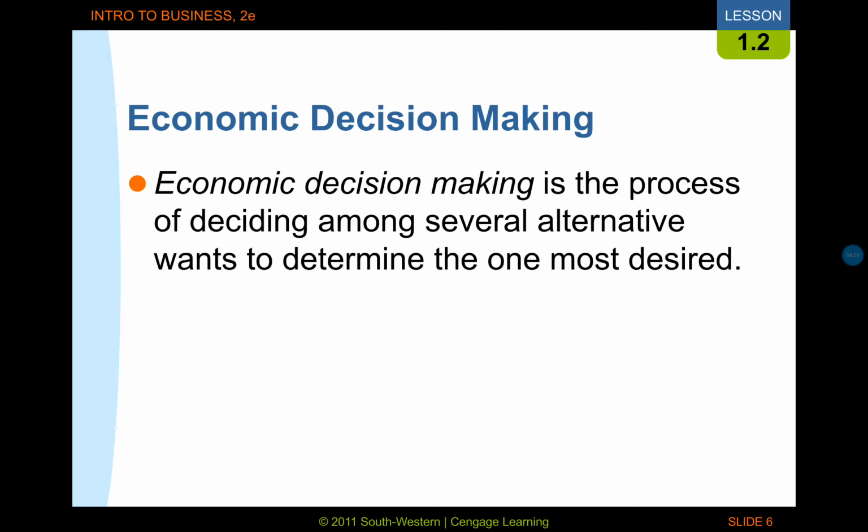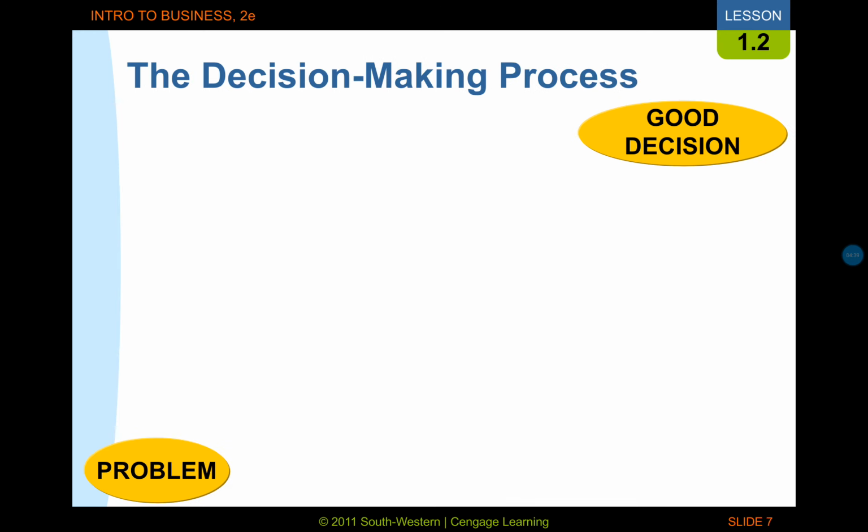Because we can't have everything that we need and want, we need to make decisions. Here's a little chart that shows the 6 steps, and this is in your textbook on page 13, I believe.